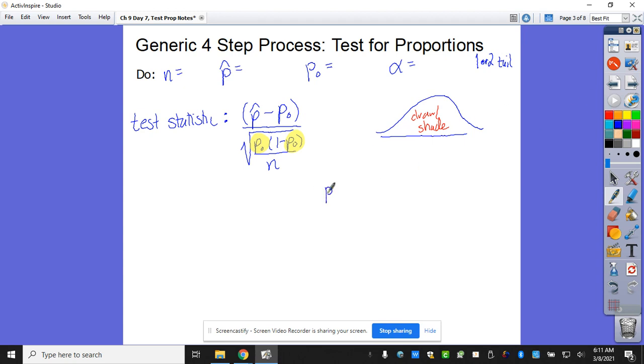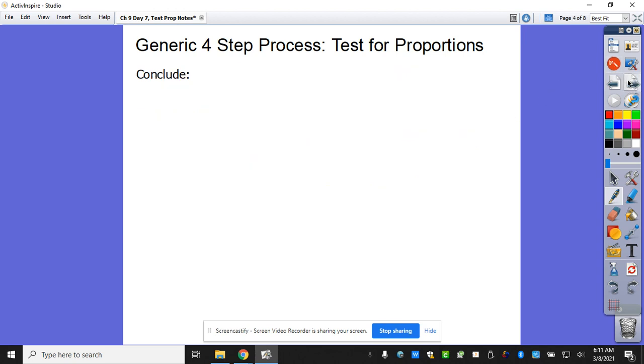And then p-value versus alpha. You can plug in a number here, plug in a number here. It's either going to be less than or not less than. And this is going to be written the same way we have been doing it.